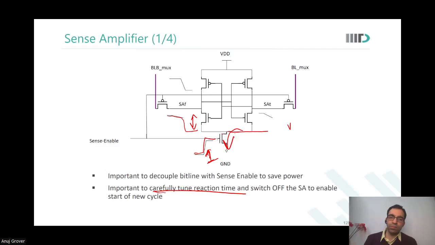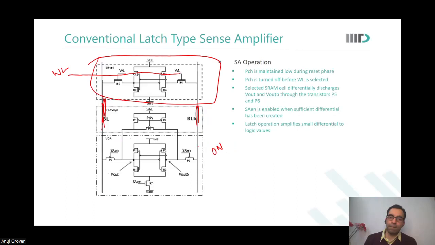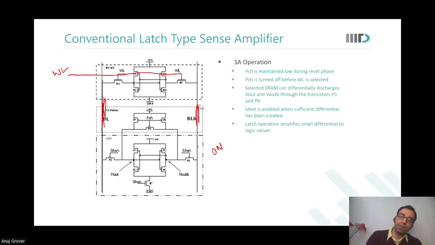Sir, after I run my cell current through the BLTI node, so that I can discharge my bit line or bit line bar, whichever stores the zero. That you have done. Bitline and bitline bar over here have discharged. One is at VDD, the other is at VDD minus 100 millivolts.